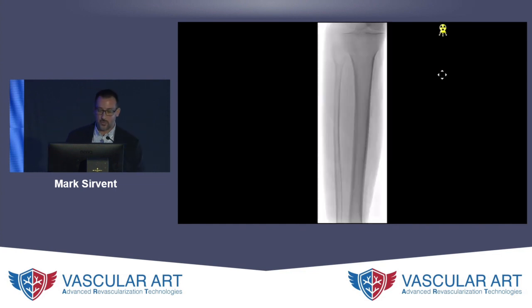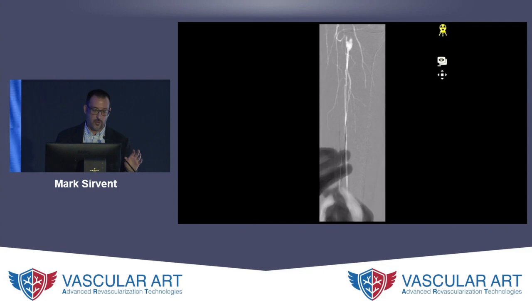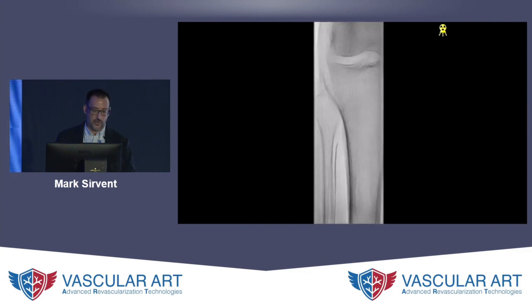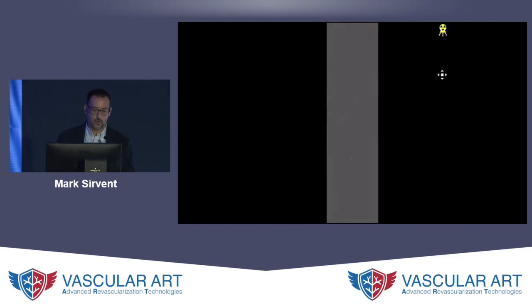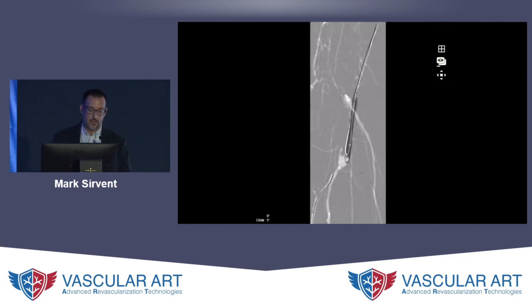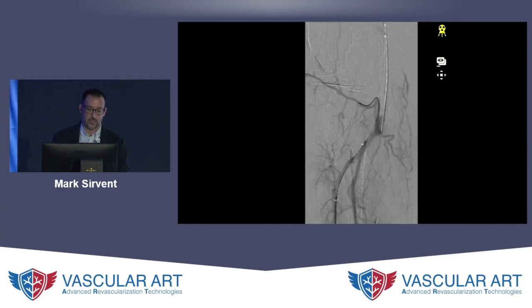Every time the guide wire goes into the bypass, so we perform a retrograde puncture of the anterior tibial artery. Again, the guide wire goes into the bypass. So we occluded the distal anastomosis from above using a balloon to avoid forcing the guide wire into the native artery.